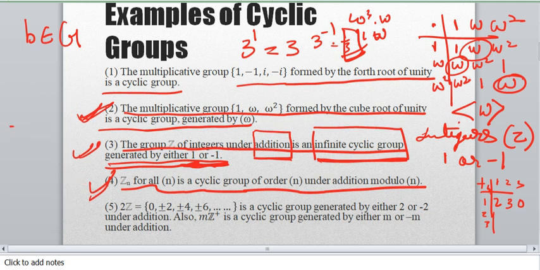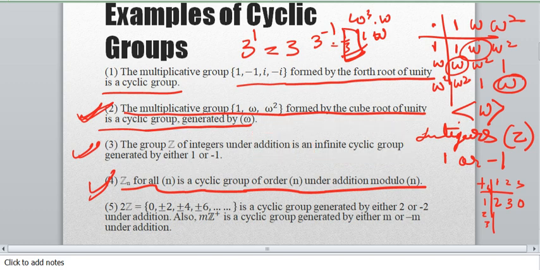Let me give you an example for number 3. Just hold on. I'll give you a mathematical example. Don't worry, I'll solve the problem here only.